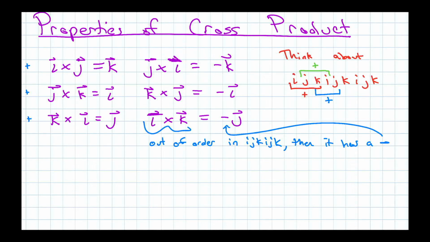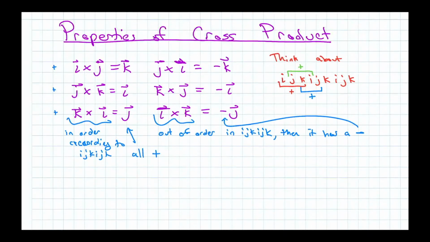So the ones that are in order are all pluses, right? According to IJK, IJK, these are all plus. All right, so that's the pattern.